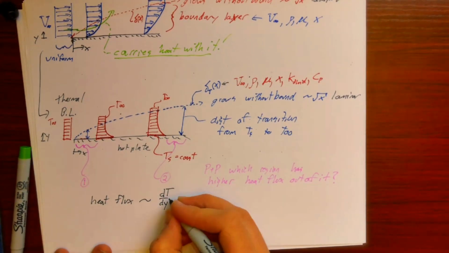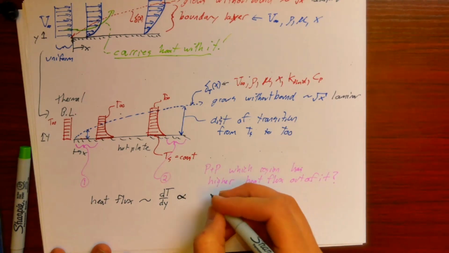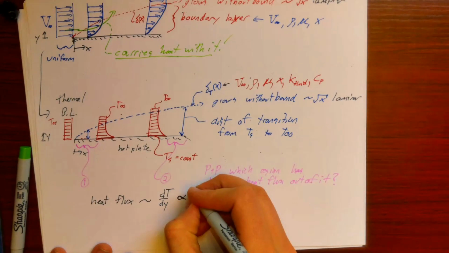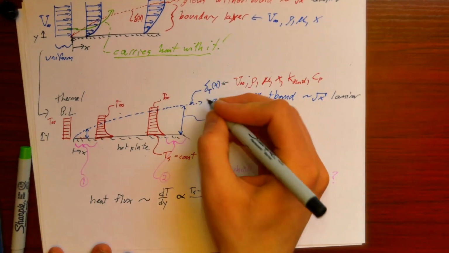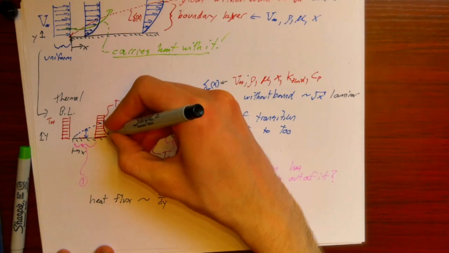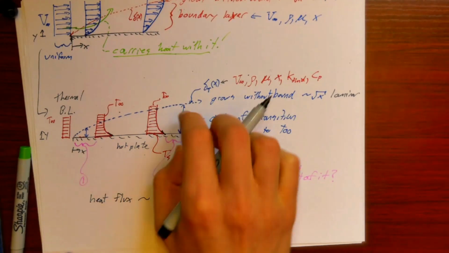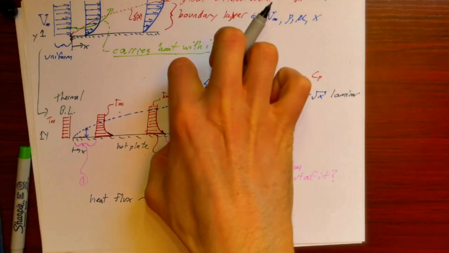So I might say this dT/dy is in a way at least proportional to Ts minus T infinity divided by the thermal boundary layer thickness, right? So basically, whatever temperature gradient we get right at the surface is sort of proportional to the temperature difference, Ts minus T infinity, and also this thickness.